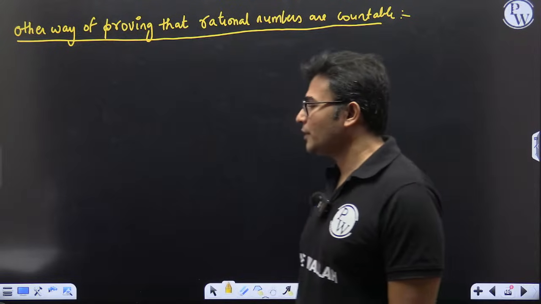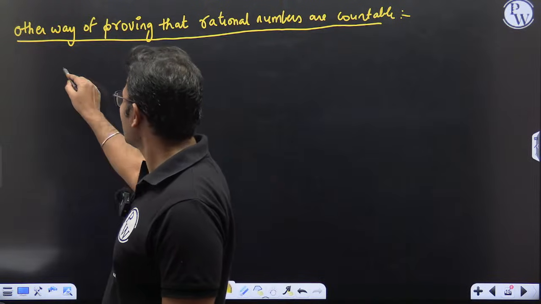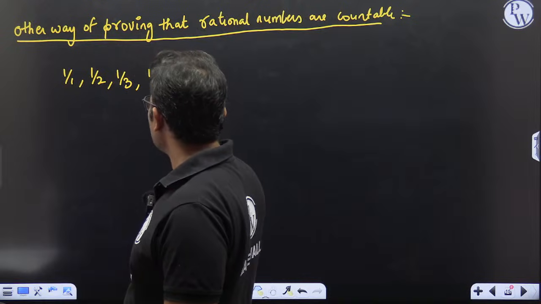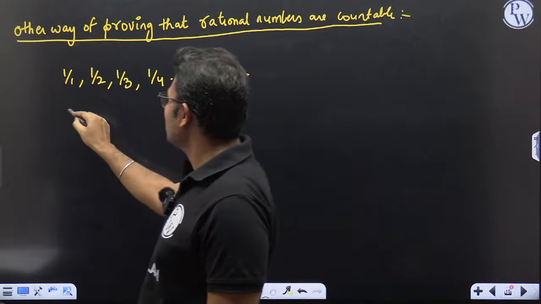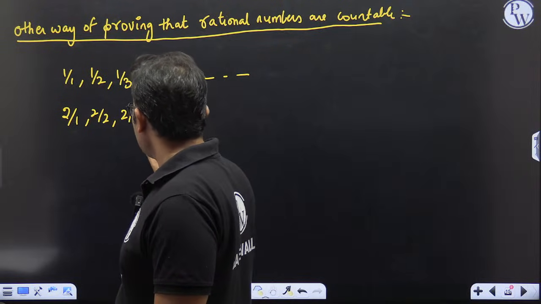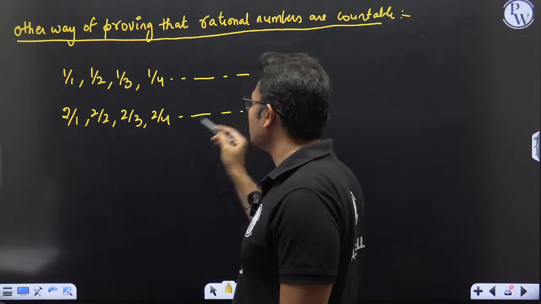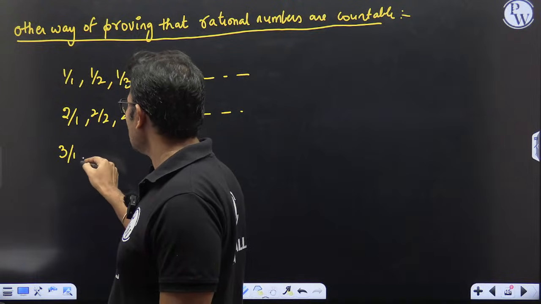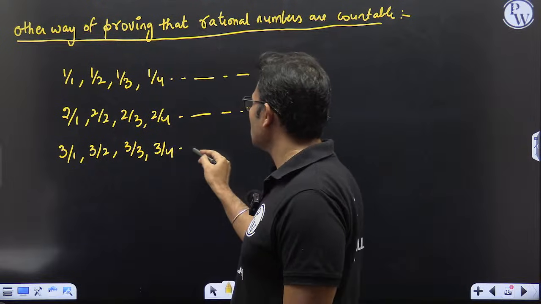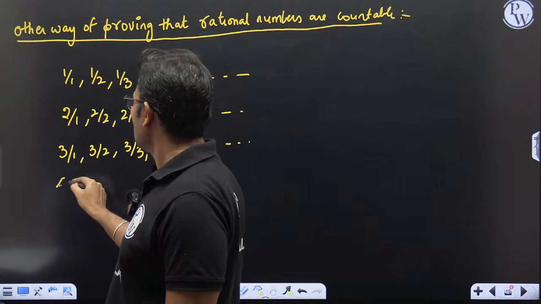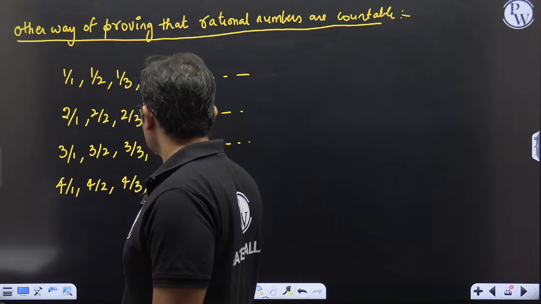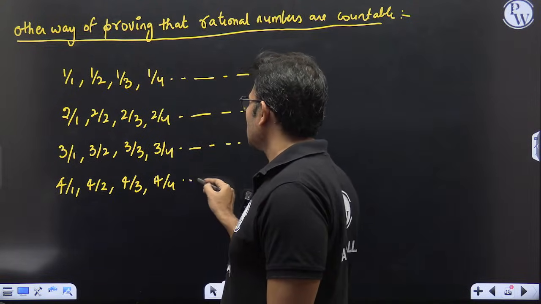I will give you a method. Let us say rational numbers are arranged like this: 1 by 1, 1 by 2, 1 by 3, 1 by 4, and so on; 2 by 1, 2 by 2, 2 by 3, 2 by 4, and so on; 3 by 1, 3 by 2, 3 by 3, 3 by 4, and so on; 4 by 1, 4 by 2, 4 by 3, 4 by 4, and so on.